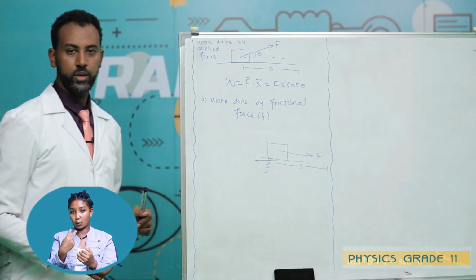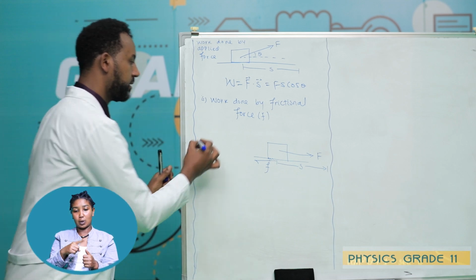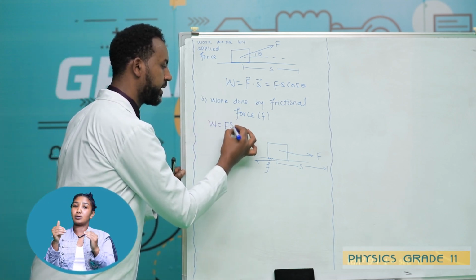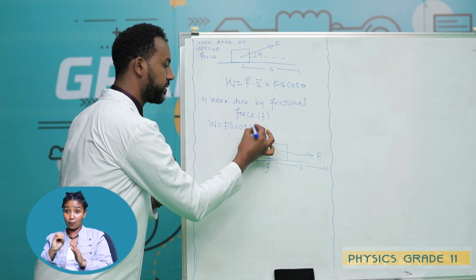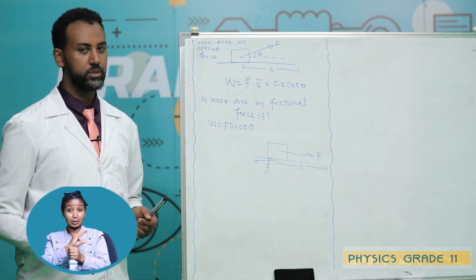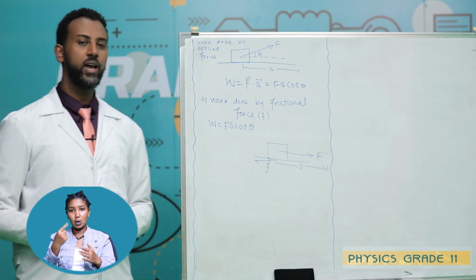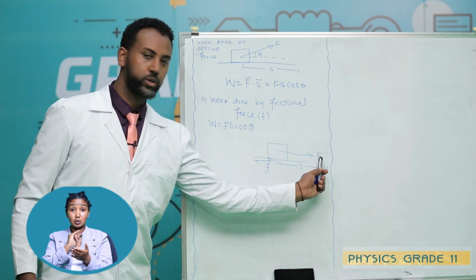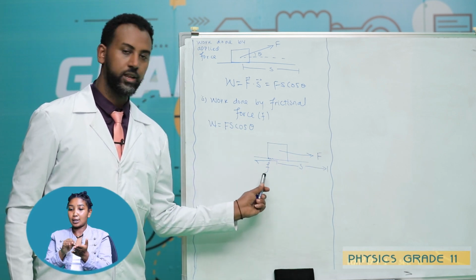Now look, when we apply the expression of work equals Fs cosine of theta, where theta is the angle between the force and the displacement. What is the angle between the force, which force? It's not the applied force. Rather, it is the frictional force.